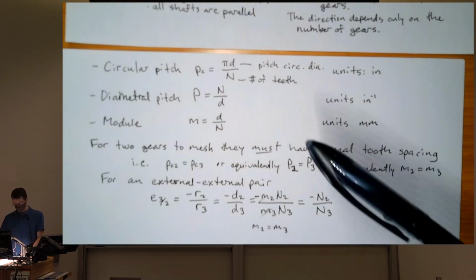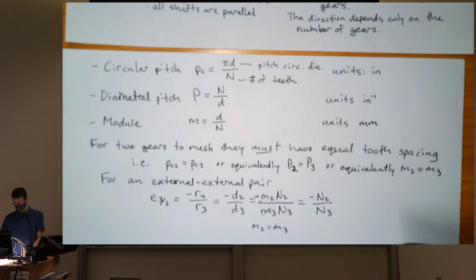Any questions about measuring the tooth spacing on a gear and how that's relevant to the gear ratio? Yes? We could do the same with the circular pitch or diametral pitch, right? Knowing that the pitches have to be the same so they maybe cancel out or something. Yeah, absolutely.